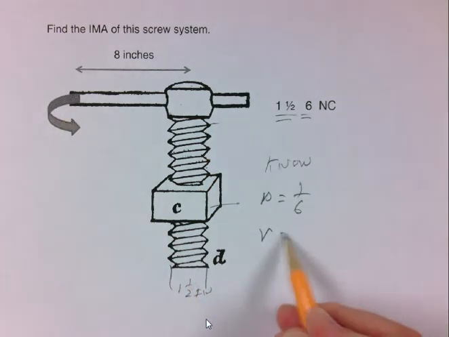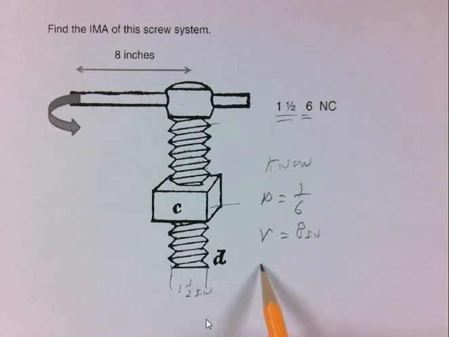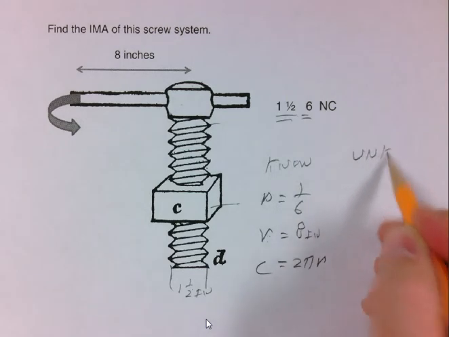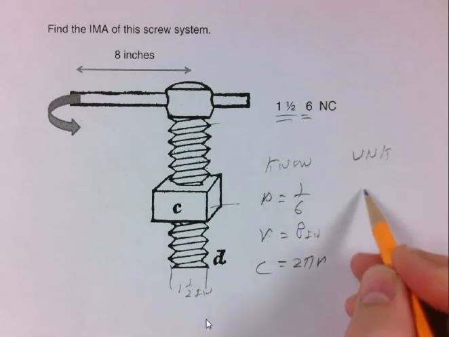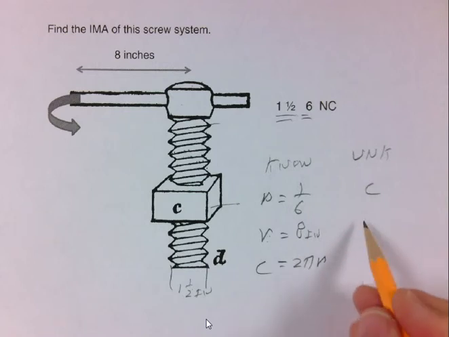So the radius is 8 inches. And we know that the circumference that's getting turned for 1 revolution is 2 pi r, which we'll plug that r in there. What we don't know is right now our circumference, which we calculate or substitute in, and the IMA.